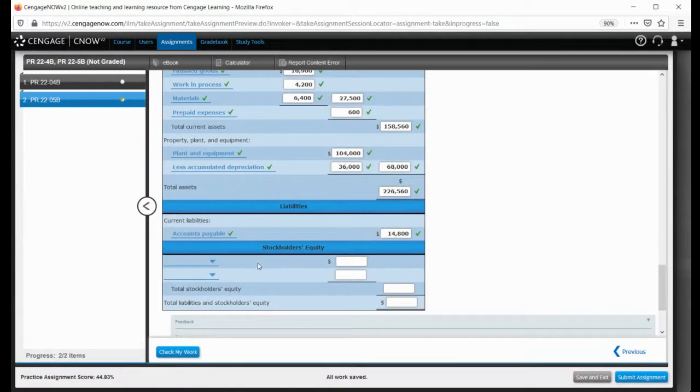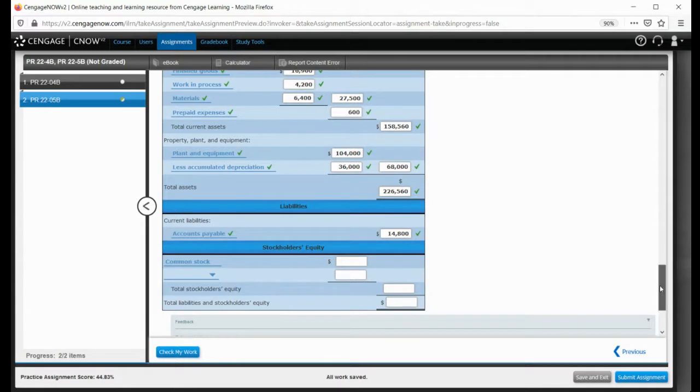What I will say of the stockholders' equity is that it will be made up of stock accounts. Stock accounts are stock that an investor has bought in our business. And some of the stock accounts, we call them common stock. And so common stock will be listed as a part of stockholders' equity.